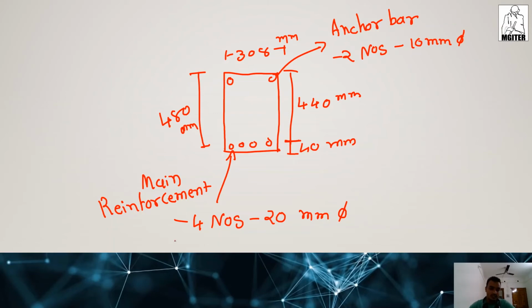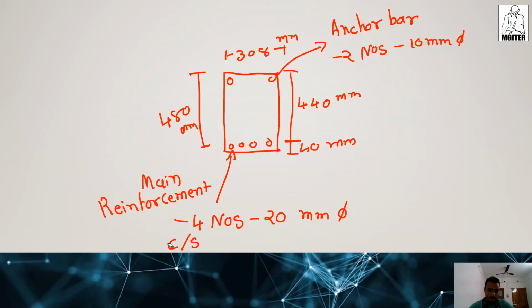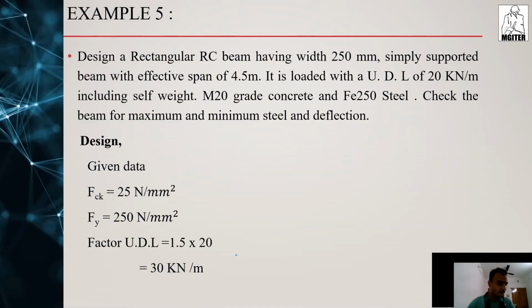This is the cross section of the beam. The second example is completed.